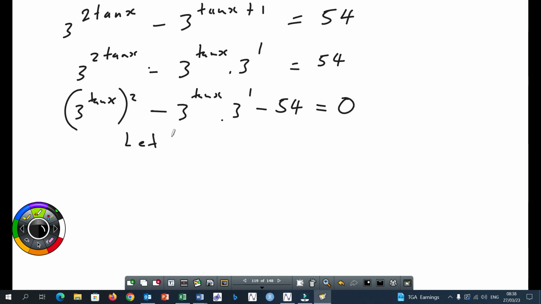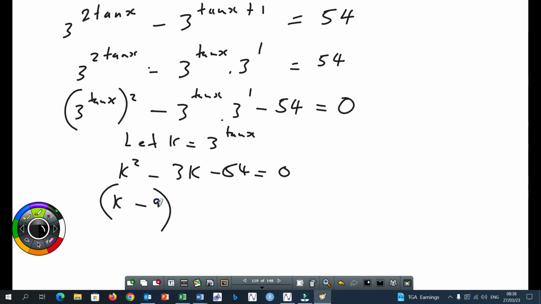So let K equal to 3 to the power of tan x. So you get K squared minus 3K minus 54 equal to 0. And then there you get K minus 9, K plus 6.